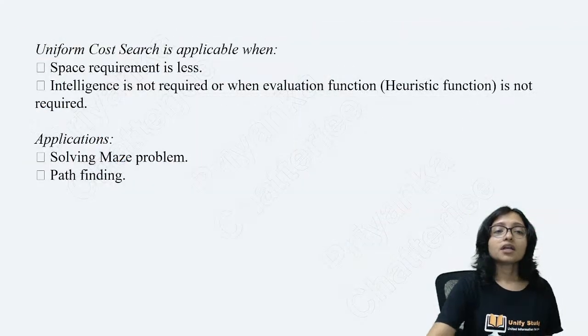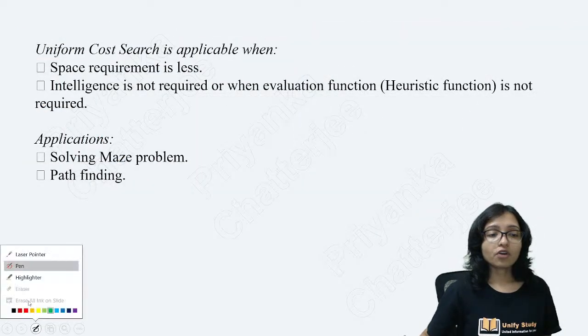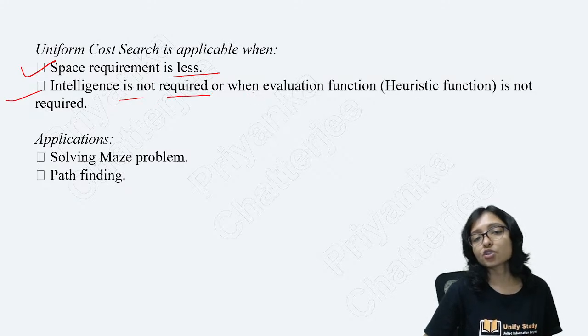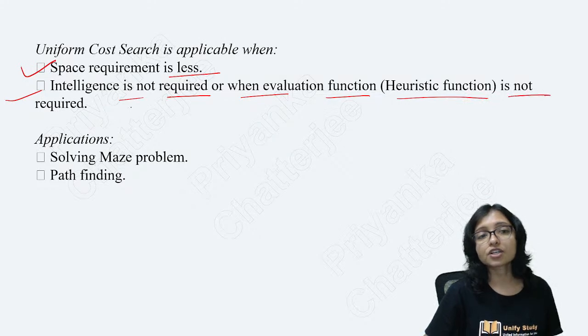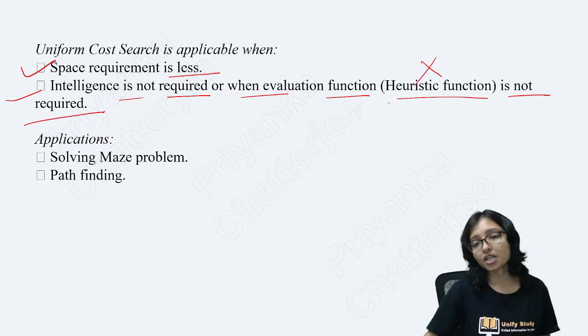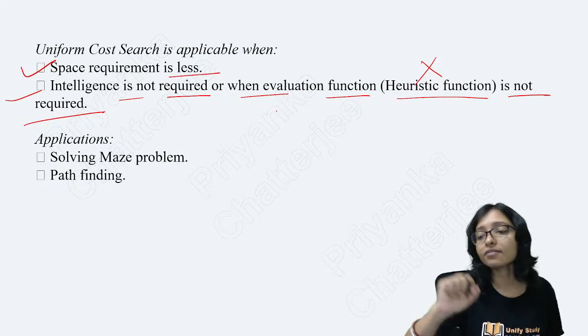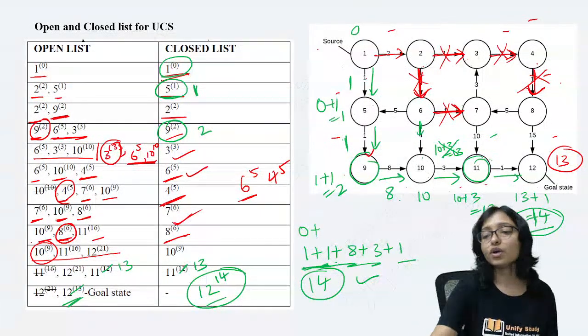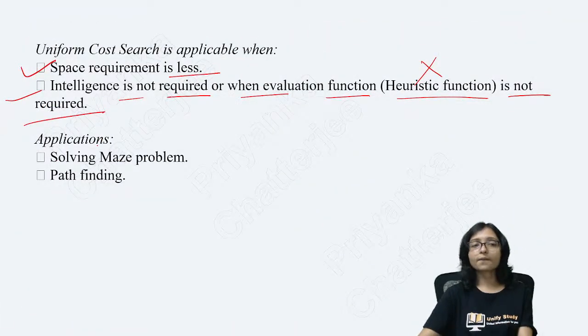Okay. So here in the uniform cost search model, space requirement is less and intelligence is not required. Intelligence is not required when the evaluation function, that is the heuristic function, is not required. Here no heuristic function is required because the values are already given to you.